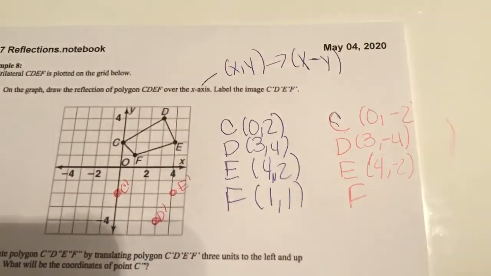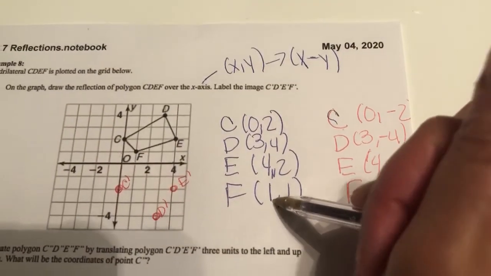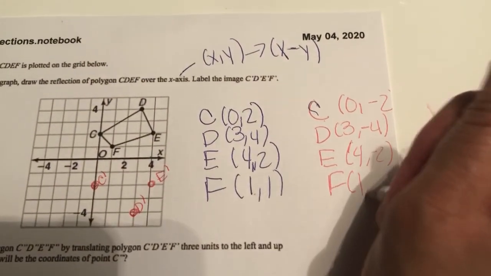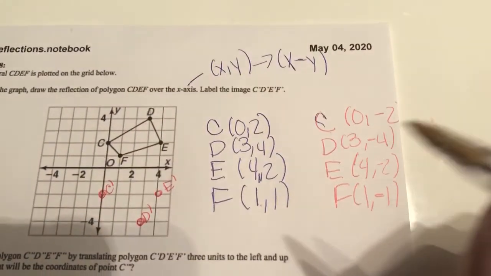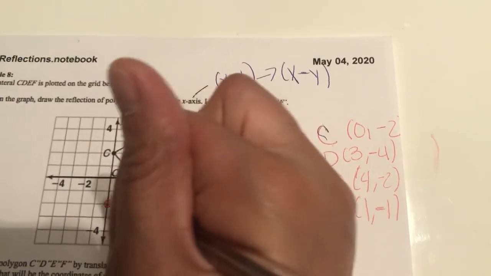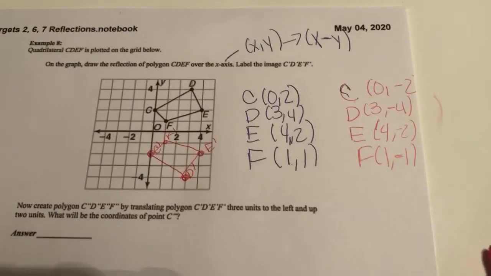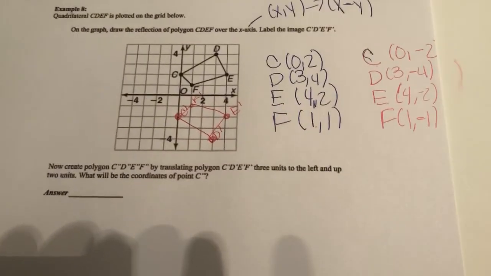And for F, I do the same thing: x stays the same, y is the opposite, and I will go to (1, -1). So I have my new image, reflected over the x-axis, in red.